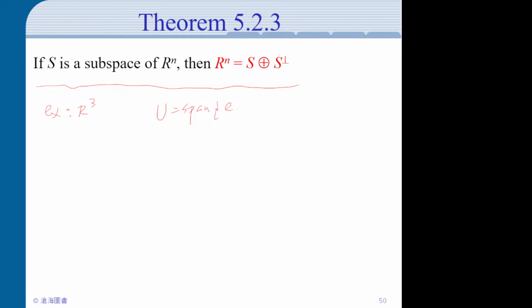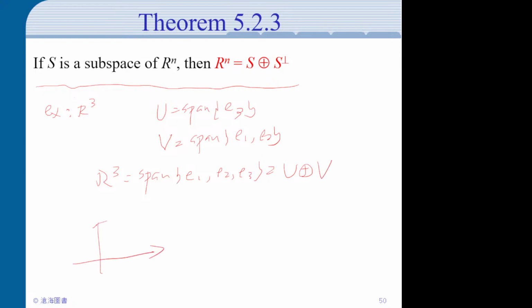Okay, so we have U equal to span of E3, and V equal to span of E1, E2, and this means that R3 is the span of E1, E2, E3, and is the direct sum of U and V. You can think of it this way.